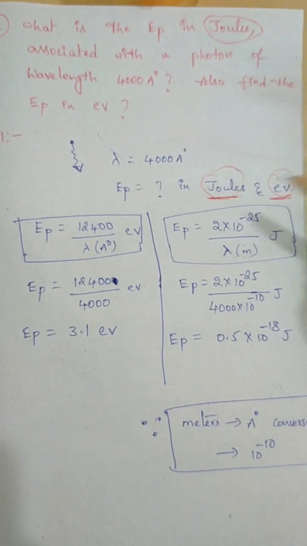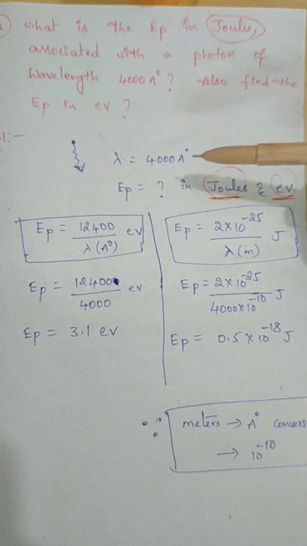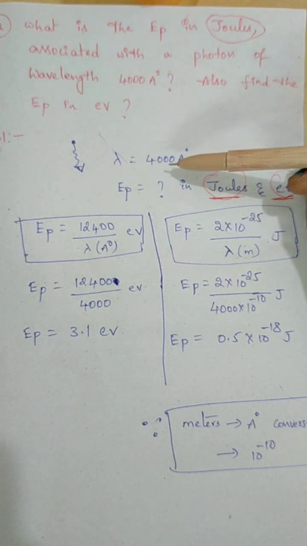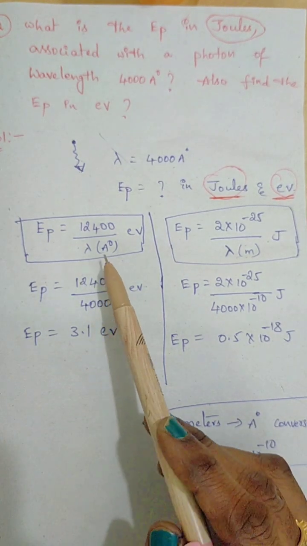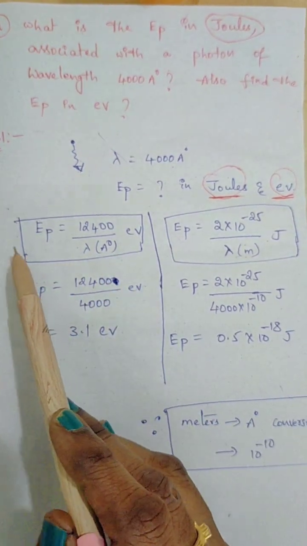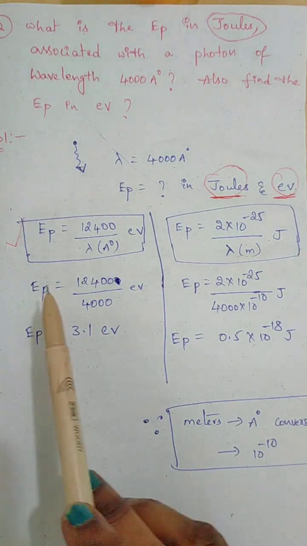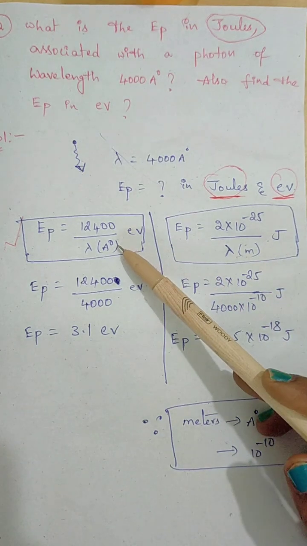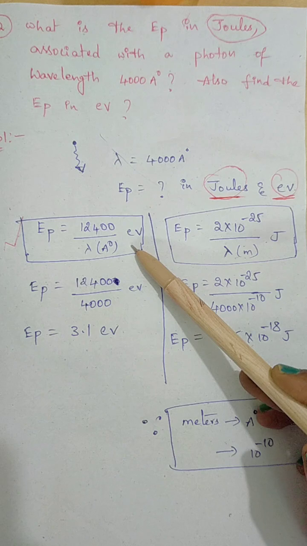Okay, so here we already know that whenever the energy of a photon and wavelength in angstrom are given, we need to solve the problem based on this formula. That is, energy of photon is 12400 by wavelength in angstrom, in electron volts.